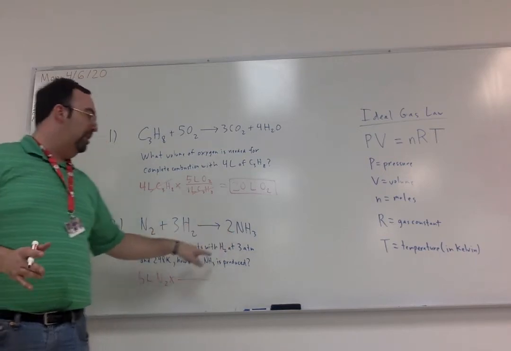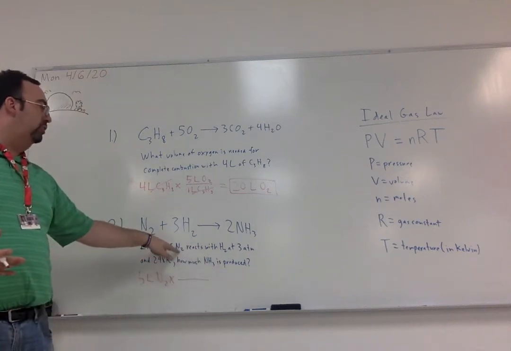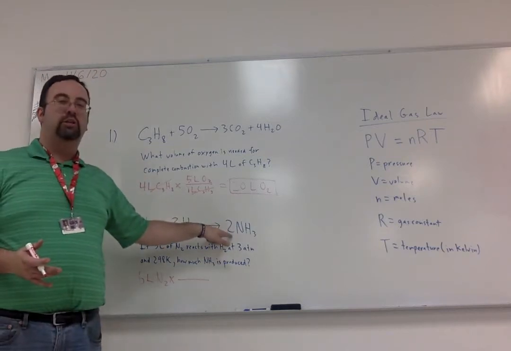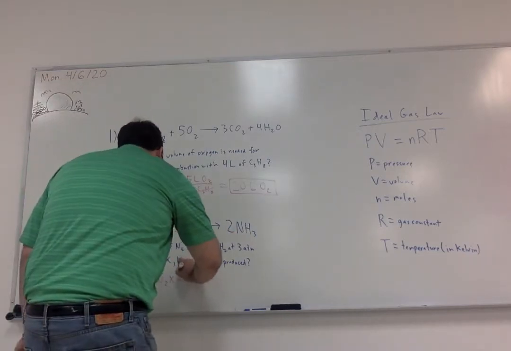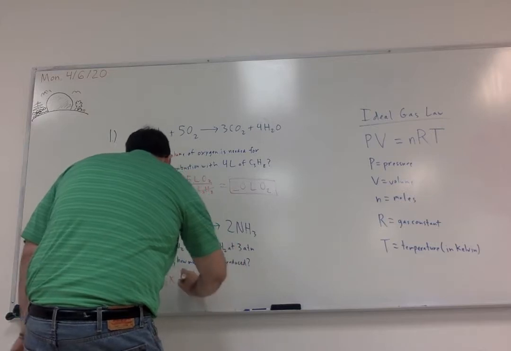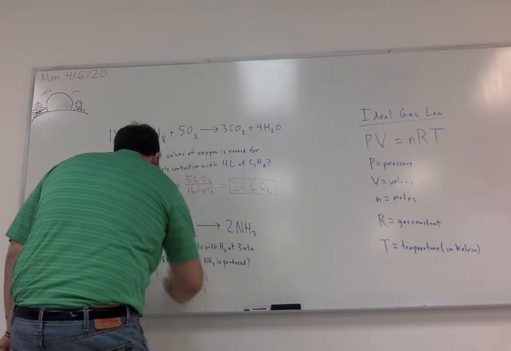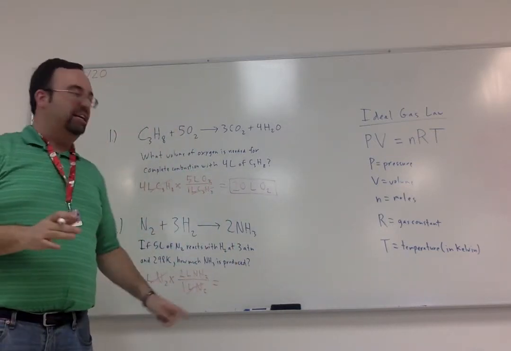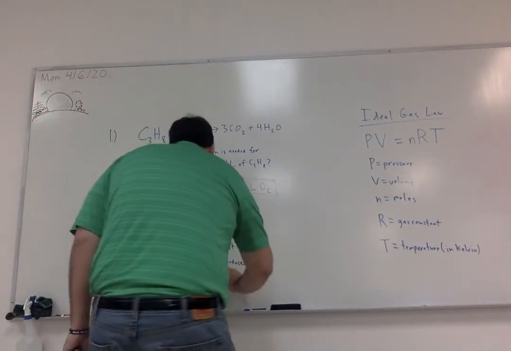So again, we need to figure out how much ammonia is produced volume-wise. We're starting with nitrogen. We have 1 liter of nitrogen. We have 2 liters of ammonia being produced. And so we'll put the 2 liters of ammonia on the top and the 1 liter of N2 goes on the bottom. And again, not needing a calculator, I can see that 5 times 2 is 10 liters of ammonia.